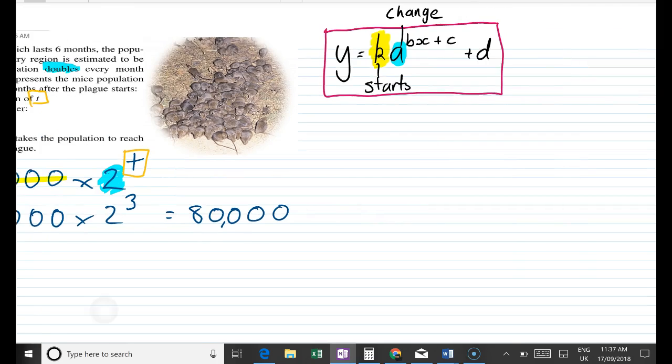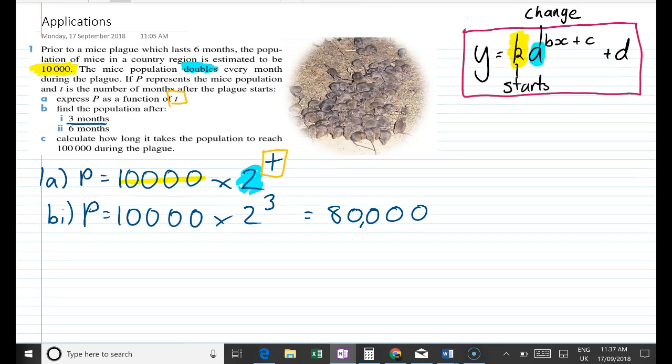Double I, 6 months. So I do exactly the same thing, P equals 10,000, just copying my equation, times 2 to the power of 6, which equals, or 2 to the power of 6 is 2, 4, 8, 16, 32, 64.